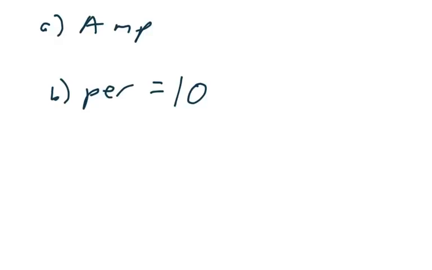So the question is, what is the amplitude? Well, the distance between the highest point and the lowest point is 3. But that is not the amplitude, because if I cut this in half, that's 1.5 and that's 1.5, so my amplitude is 1.5. Now they're asking us to do this with a sinusoidal curve where we are starting at the highest point.